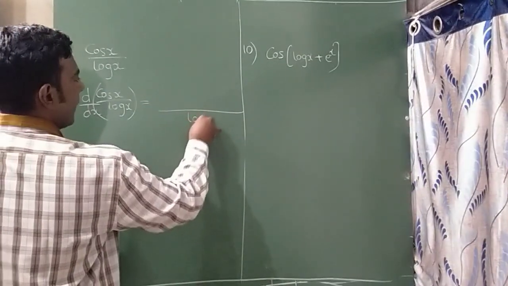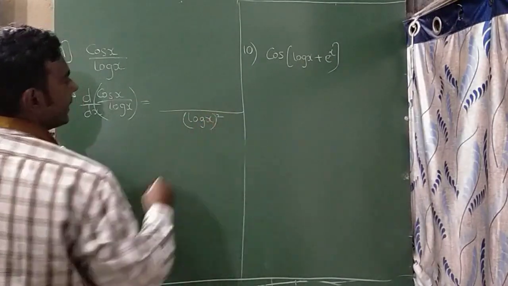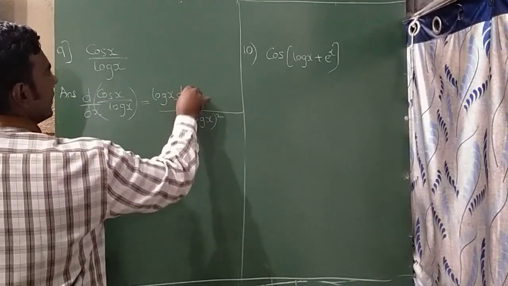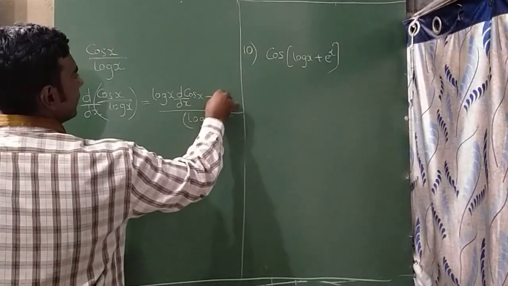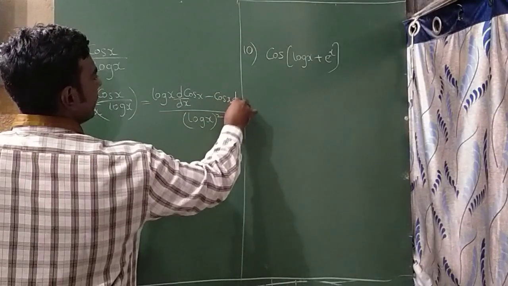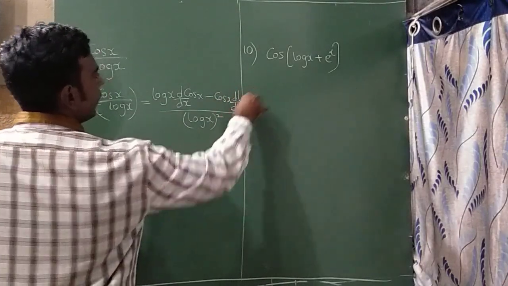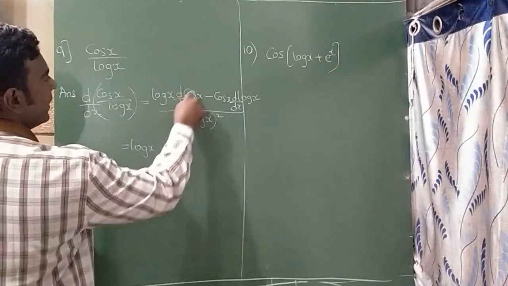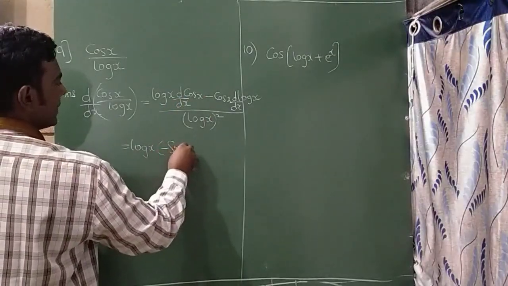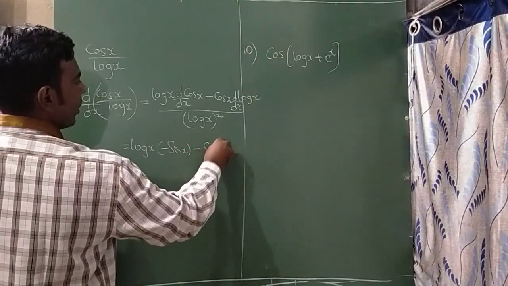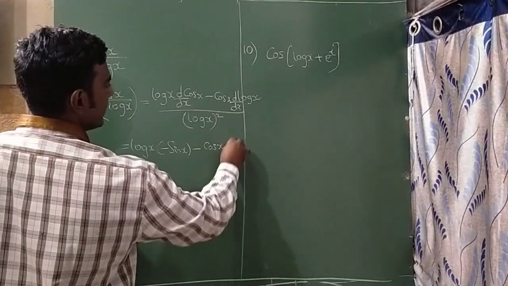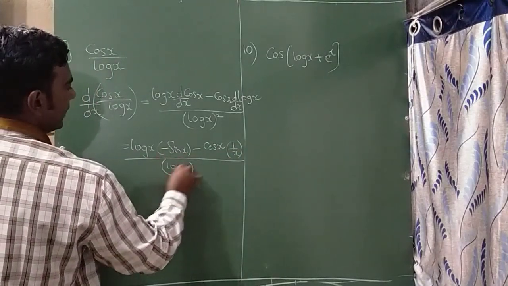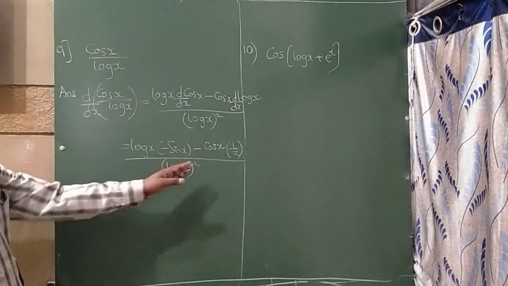So here it will become log x whole square in the denominator, log x, d by dx of cos x minus cos x d by dx of log x. Okay, so log x, d by dx of cos x is minus sin x, minus cos x, d by dx of log x is 1 by x. So the denominator will become log x whole square.